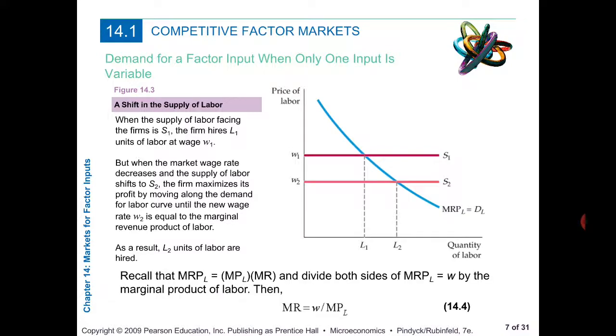For instance, here we have an example where S2 creates lower wages, and with the same demand curve, you will have this.